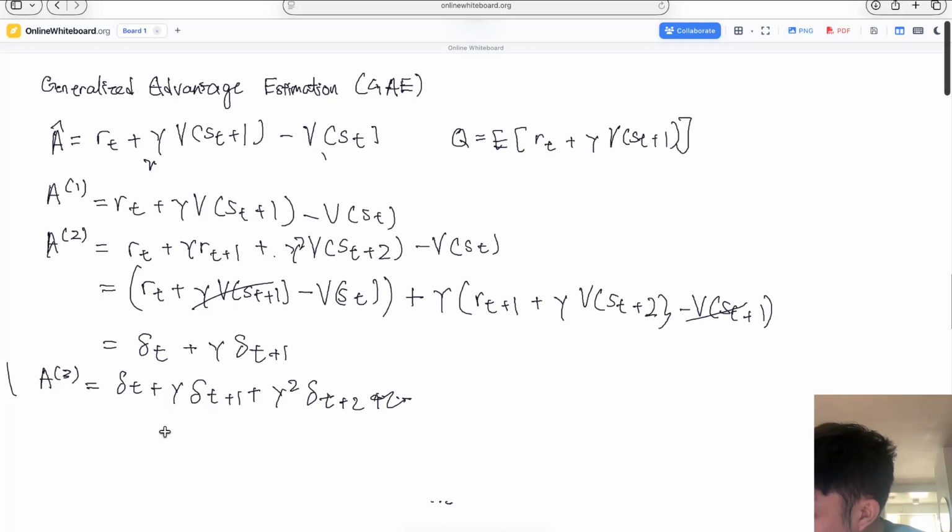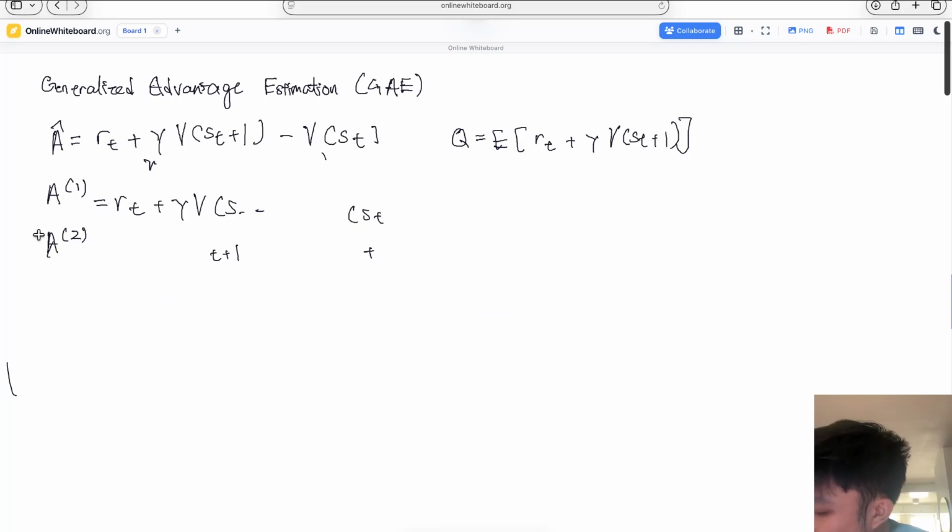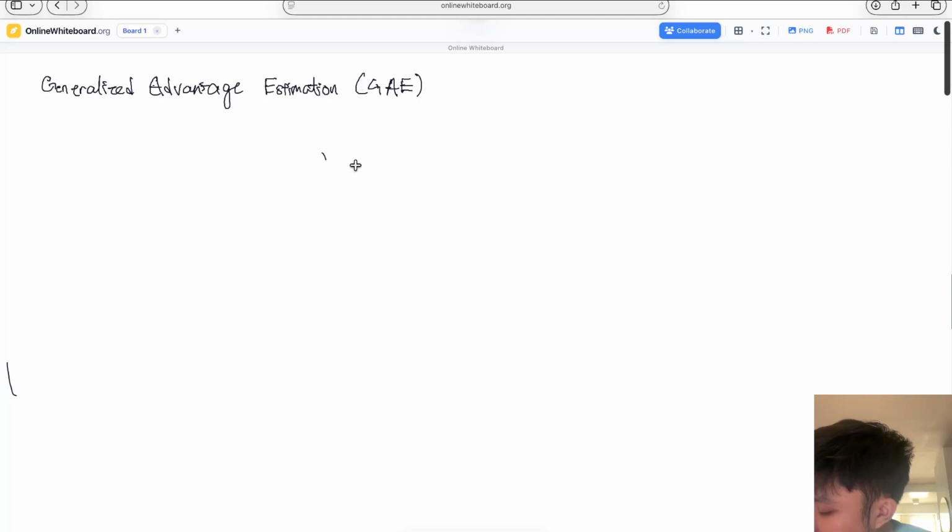Let's see this. Previously we showed that the advantage at time step t is equal to the sum of gamma to the power of l times the temporal difference at time step t plus l.